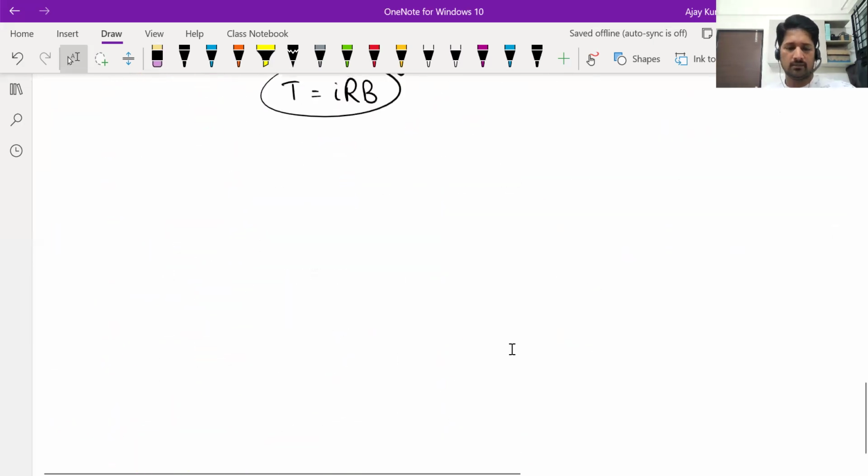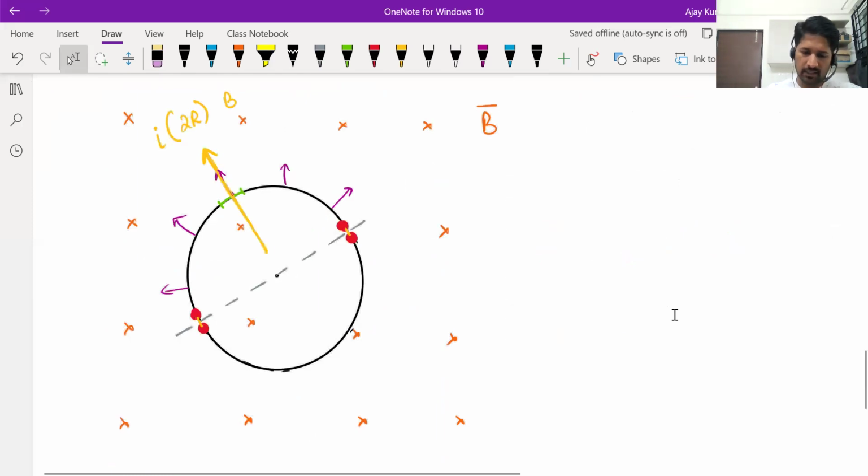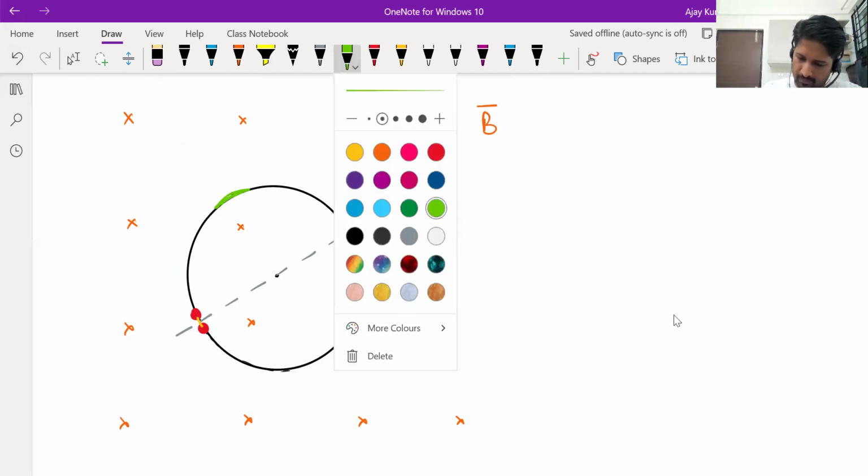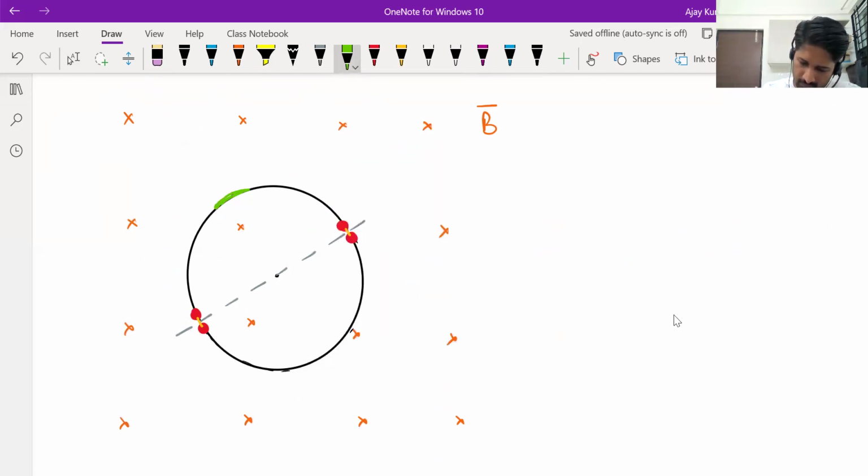Let us look at the other method to solve. Our aim was to calculate tension in this loop. Consider one element of the loop, let's say from here to here.